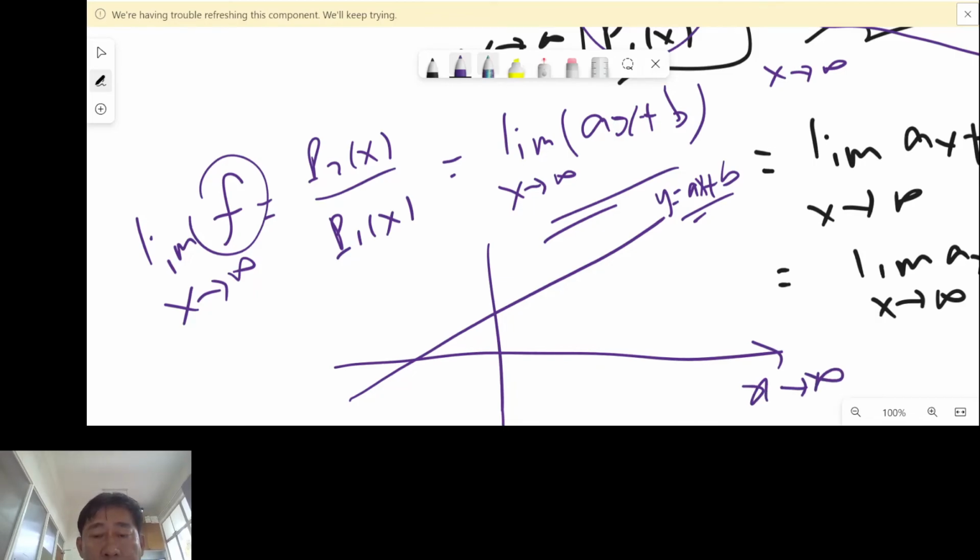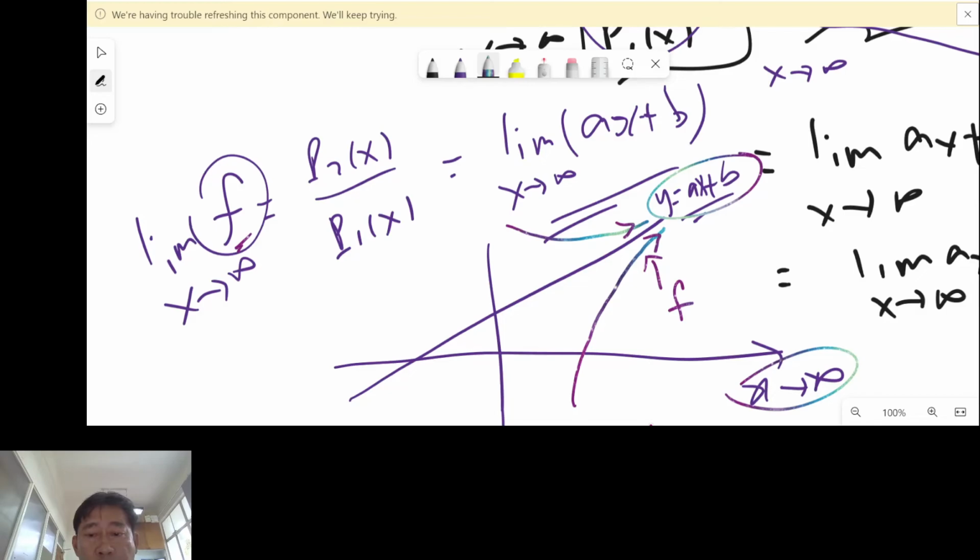If you represent this by the graph of the function, we will have the function f behave either like this or like this, right? The function f will keep on approaching the oblique asymptote when x becomes very large.